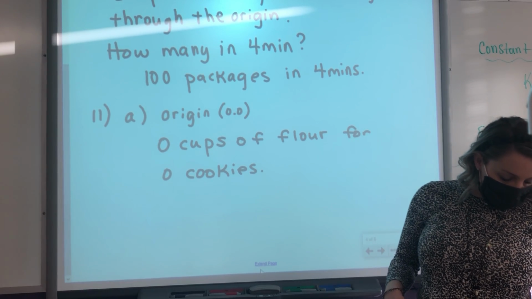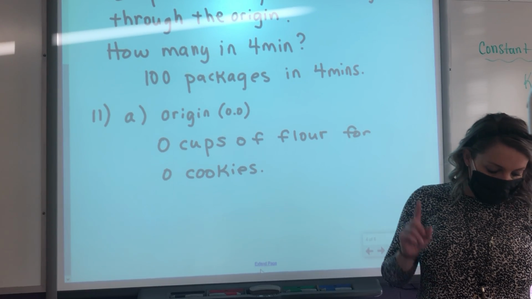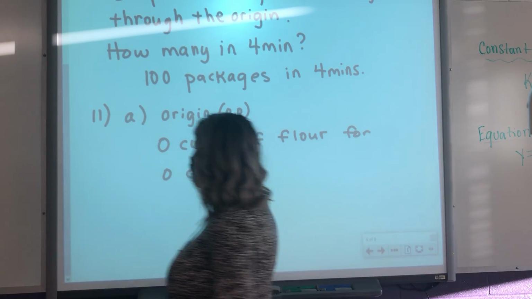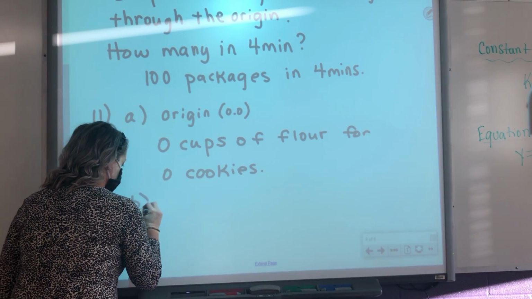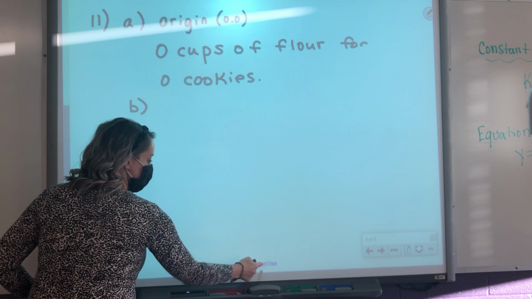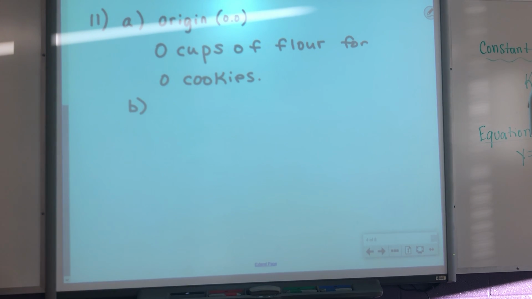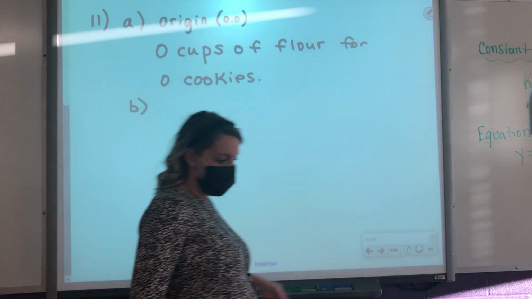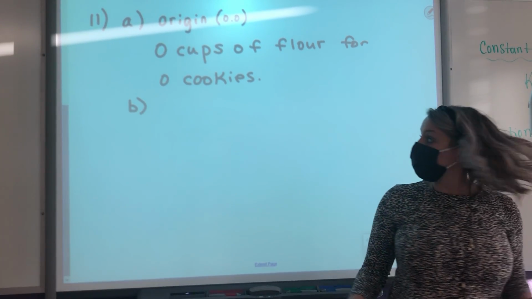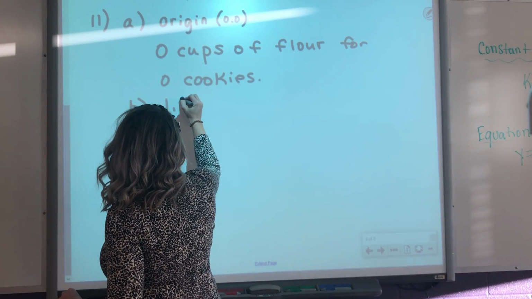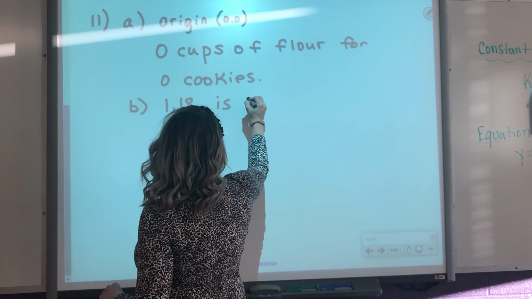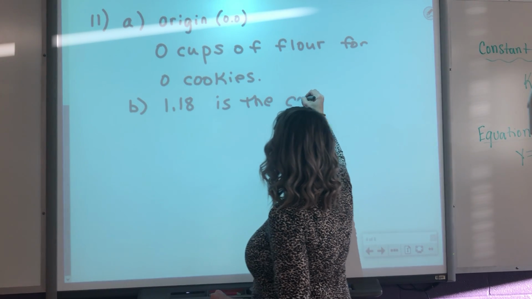All right, letter B. What does the point (1, 18) represent? So what does the point (1, 18) represent, Bob? Okay, very good. Excellent. 18 is the constant of proportionality.